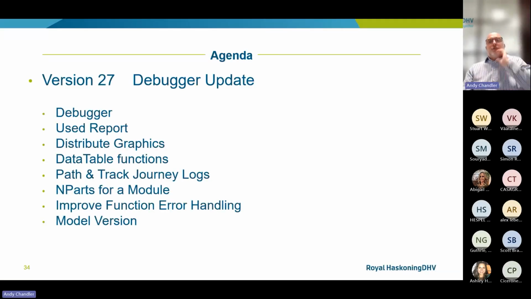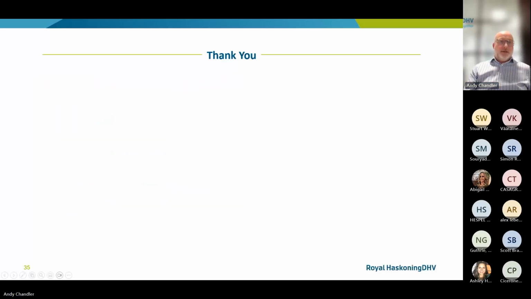Okay, so I say version 27 was really focused on the debugger, but there was a kind of a miscellaneous set of other updates, all looking to improve the build, edit, or deployment of the models, and to improve that kind of user flow. Which brings us to the up to date with the releases of 25, 26, and 27.